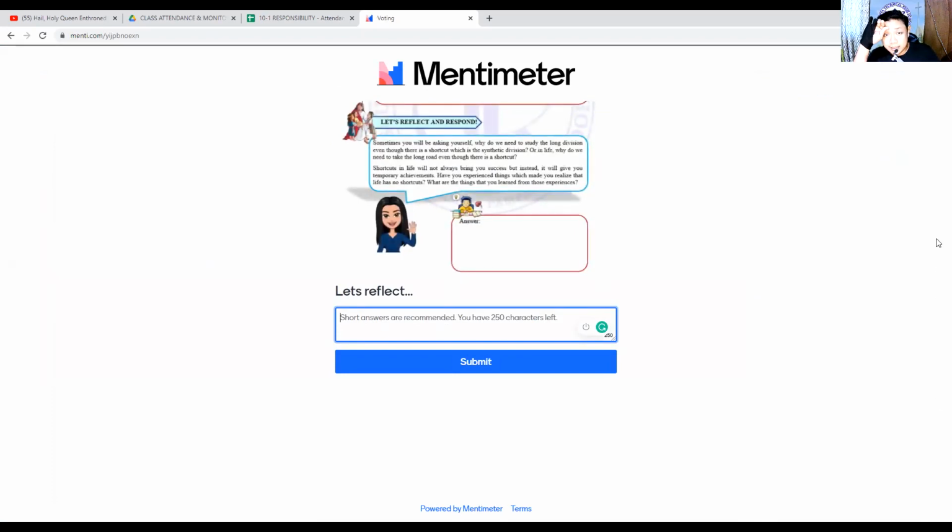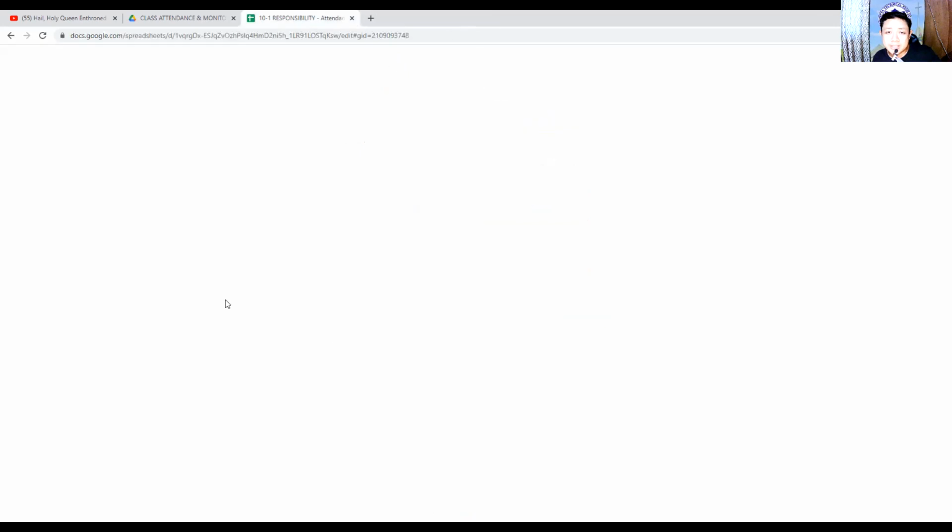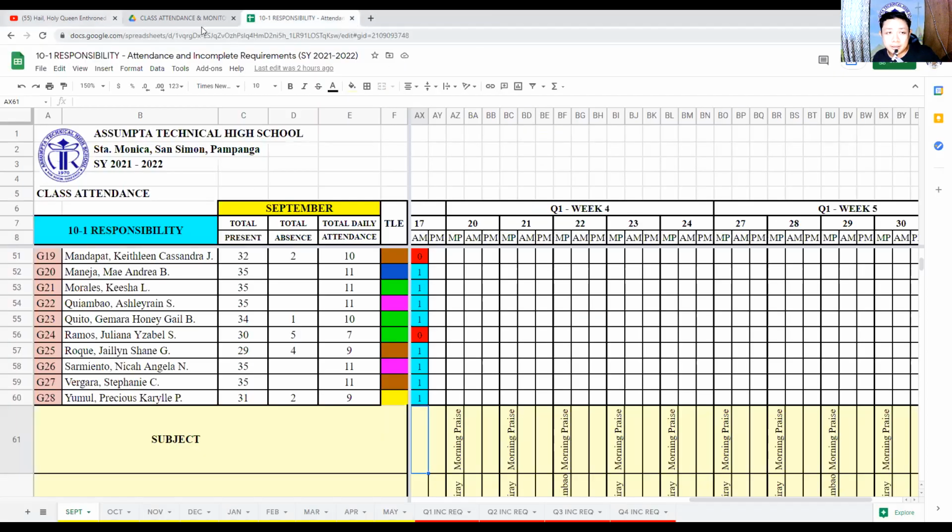Because there are so many posts here, good for 4 sections, I look for the ones posted by my own students, since each section has different learning experiences. So I look for the 10-1 posts, and from there I base what would be good to do next week. That's what I do, because this serves as your evaluation of our lesson.